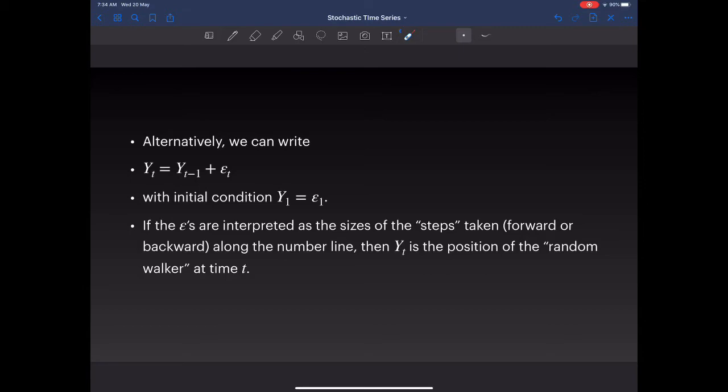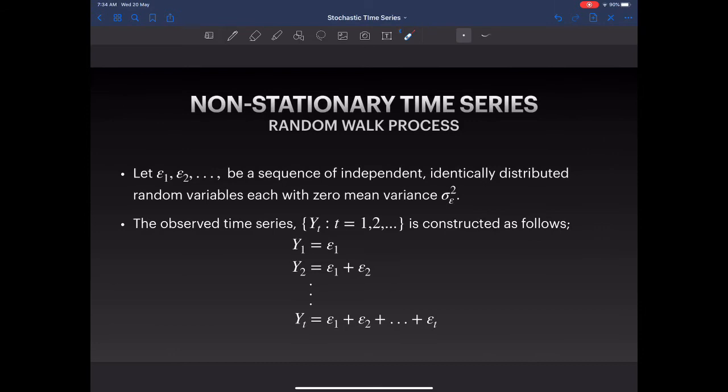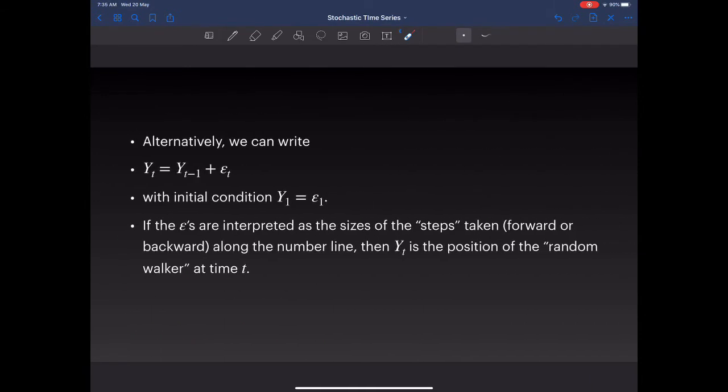Alternatively, we write this process as yt equals yt minus 1 plus the error term, where the error term has zero mean and sigma square of variance.